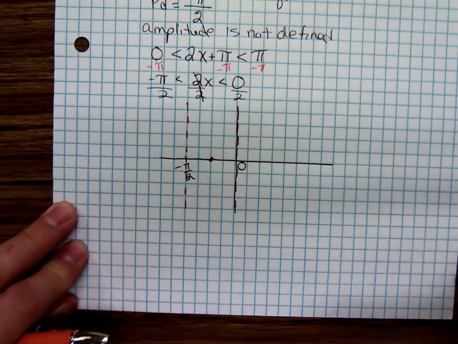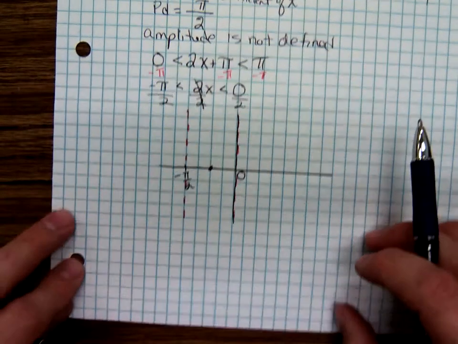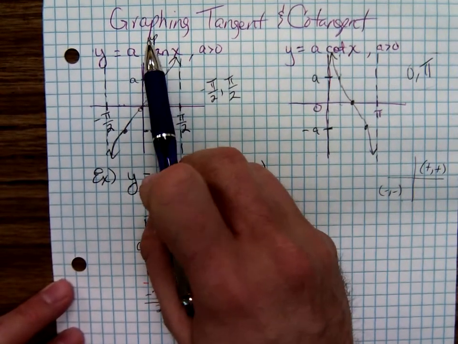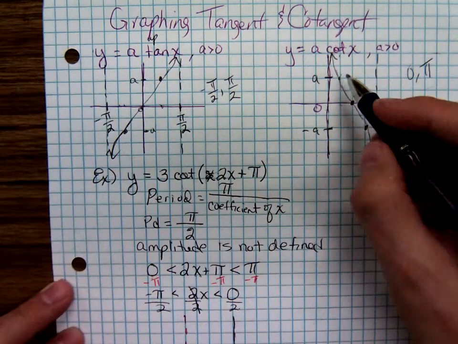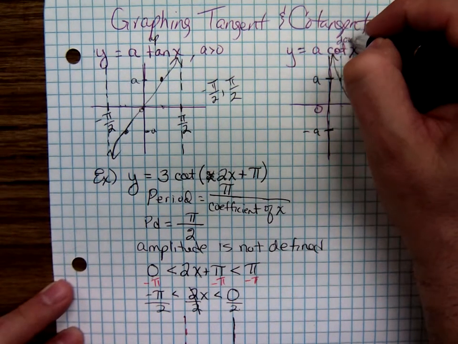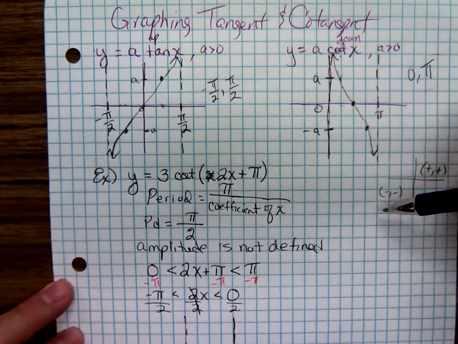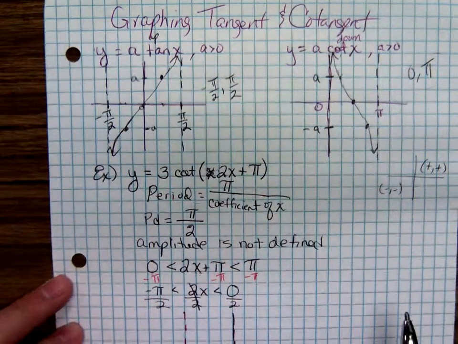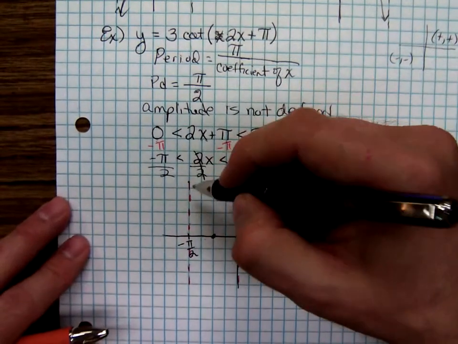Which one is it? You've got to remember, that's the purpose of my little trick: cotangent, the letter after C is D, down. Cotangent goes down when you look from left to right. Tangent goes up when you look from left to right. So this is going to be going down.